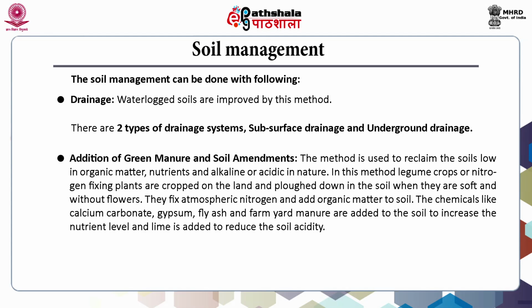They fix atmospheric nitrogen and add organic matter to the soil. The chemicals like calcium carbonate, gypsum, fly ash and farmyard manure are added to the soil to increase the nutrient level, and lime is added to reduce the soil acidity.